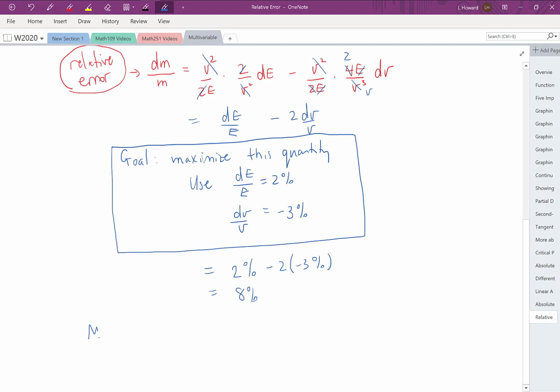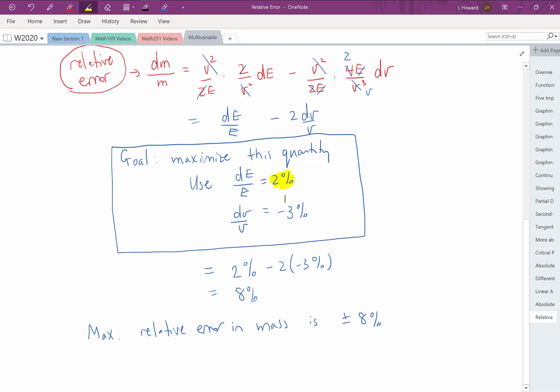Okay, so we could say the maximum relative error in the mass is, well, if we're talking just in terms of absolute value, it's 8%, but really it's plus or minus 8%. So if you wanted to achieve a relative error in the mass of negative 8%, you would do that just by reversing the signs.